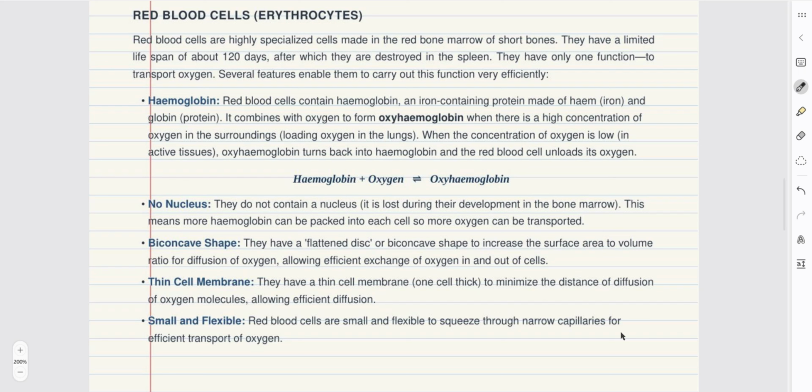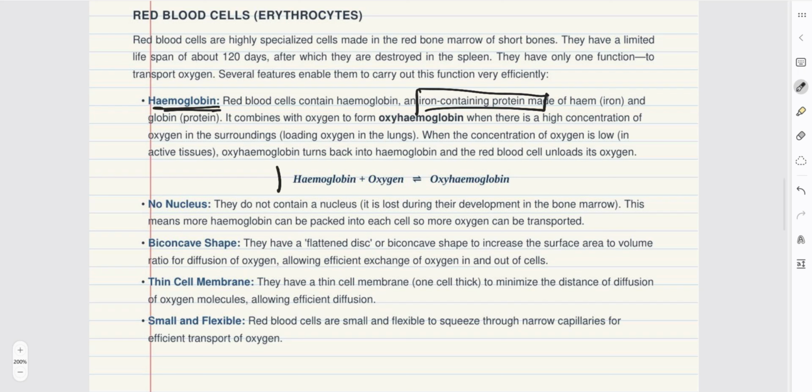We say that blood transports oxygen, right? So how does it transport this oxygen? It transports this oxygen with the help of the red blood cell. Because red blood cells contain a special protein that has iron in it, right? We say it's an iron containing protein. This iron containing protein is called hemoglobin.